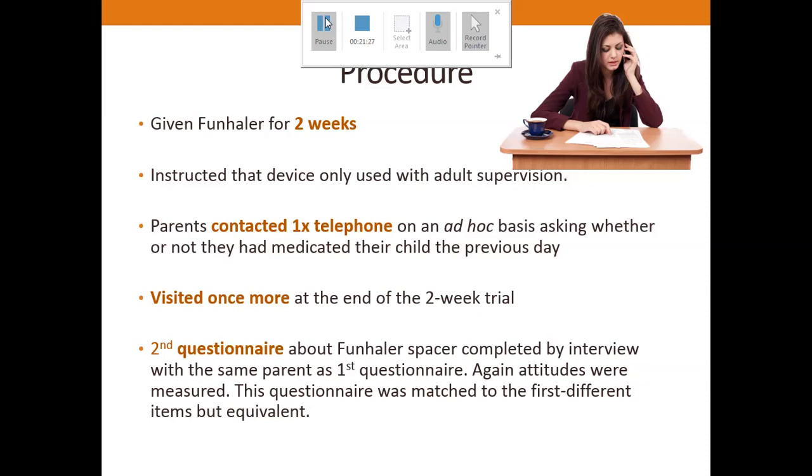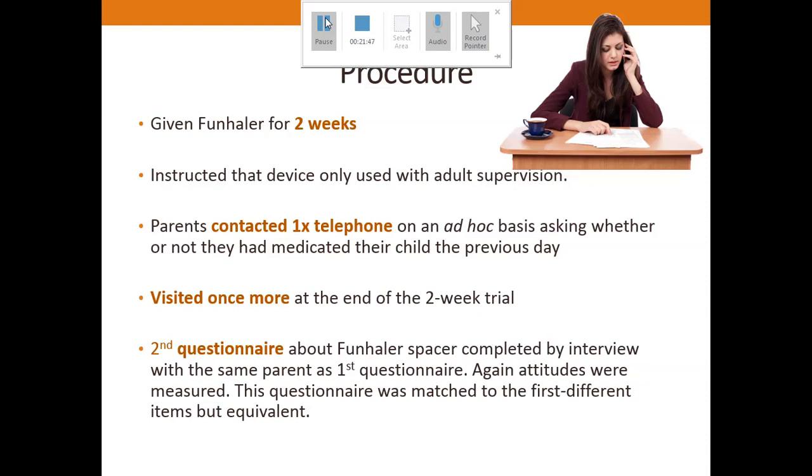So parents would occasionally get a phone call to say, did the child have their medication yesterday? So the parents would report in this way.